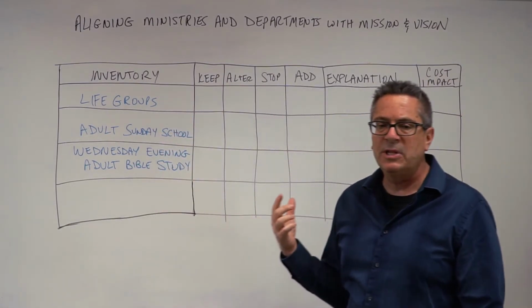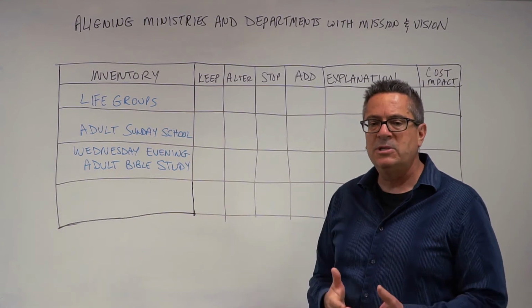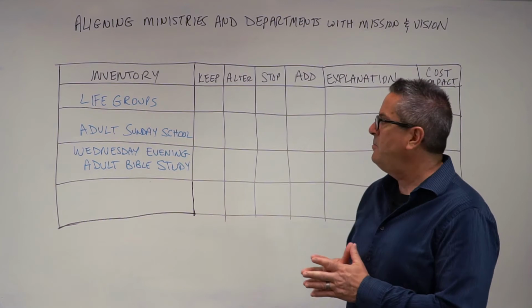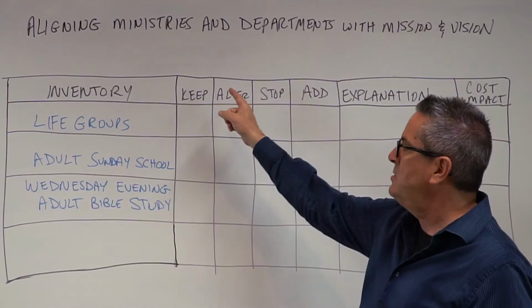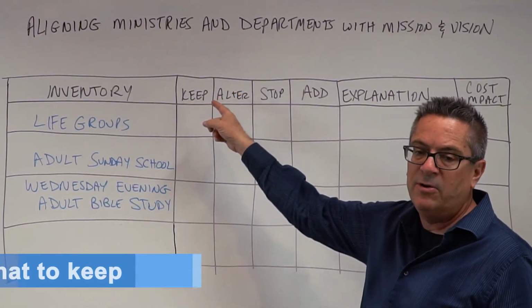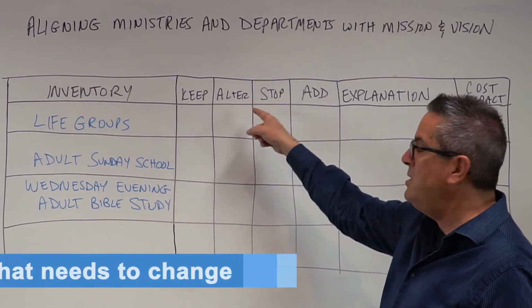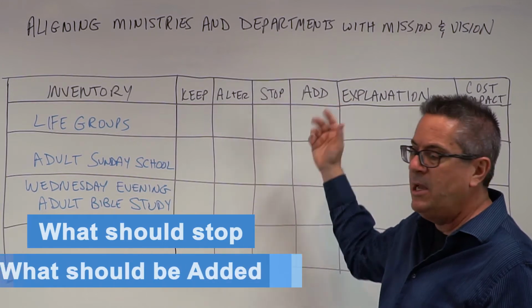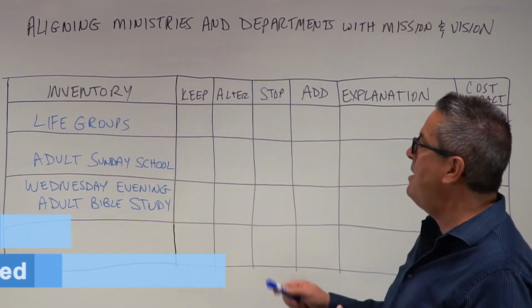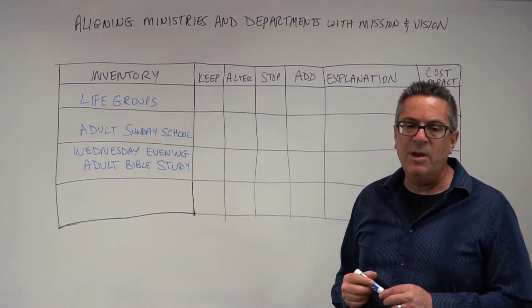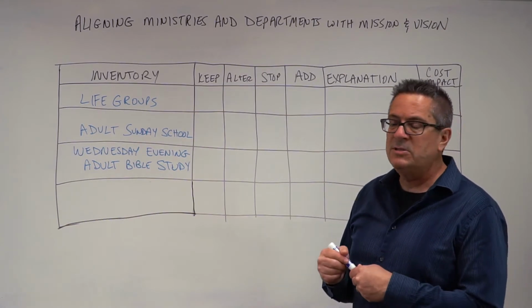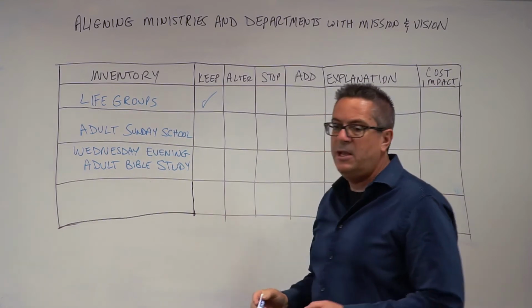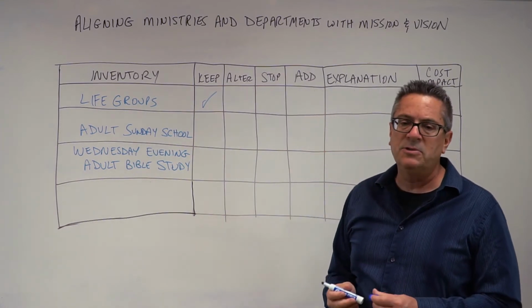And then from here, as they take stock of their mission and vision and values and how God is leading them, they do a simple assessment to consider what to keep, that is to carry over things that are working, what needs to change or be altered, what should stop, and what should be added. And so in our little example, this imaginary church of ours, we're going to say that they're going to keep life groups because they align very well with the church's mission and vision.